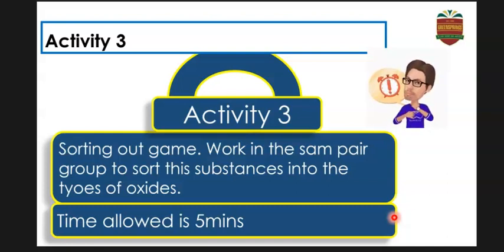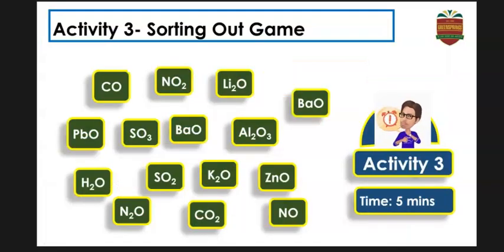You will have 5 minutes to do this activity. So I'll be looking for the group to finish first. You have these compounds to sort under the headings: acidic oxide, basic oxide, neutral oxide, and amphoteric oxide. You have 5 minutes. Your time starts now.